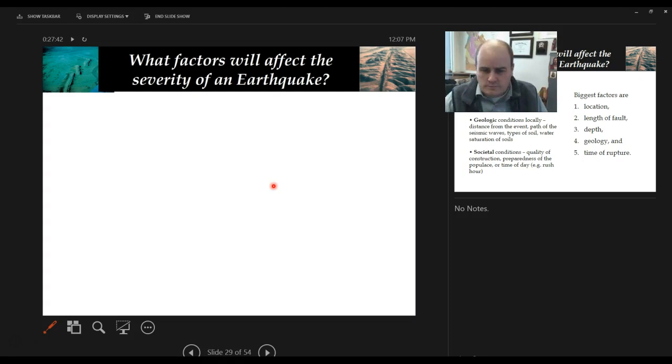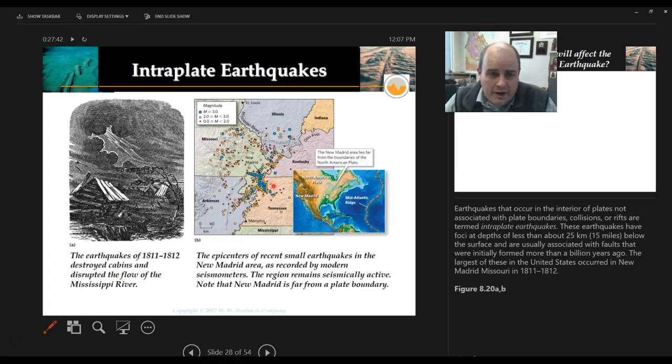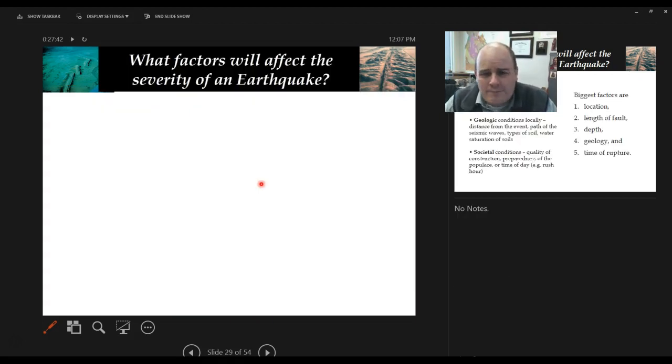Well, what impacts how severe an earthquake can be? Okay, we talked about where an earthquake could happen. Those waves were felt all the way in Boston and in Washington, D.C., but also throughout this region, right? So what can make an earthquake worse in one location more than another? Well, there are a lot of factors that come into play.